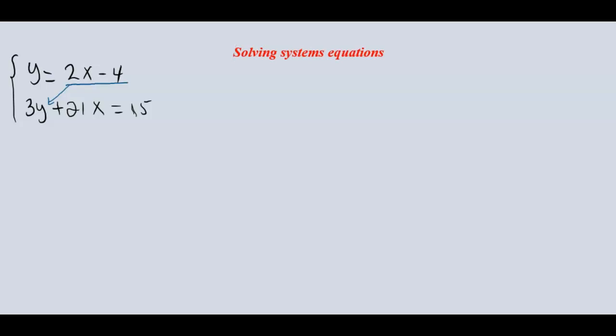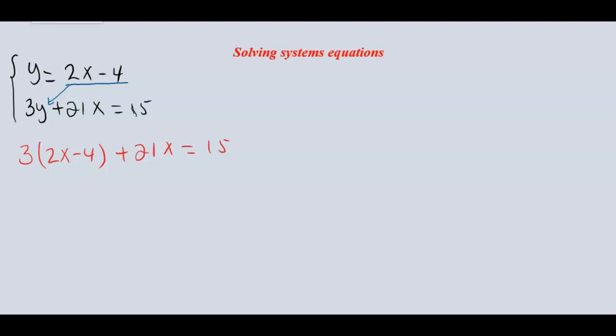So we have 3, instead of having y, we're going to have 2x minus 4, plus 21x equal 15. Okay, now we need to get rid of the parentheses by using the distributive property.